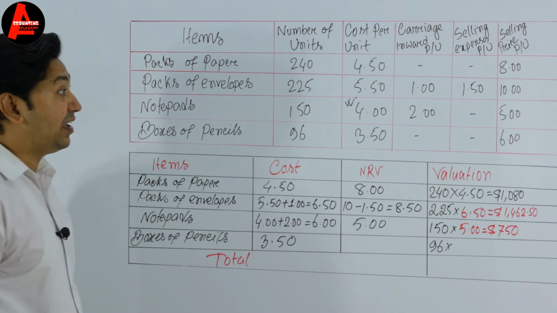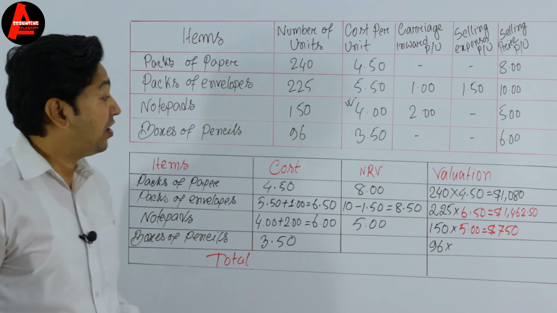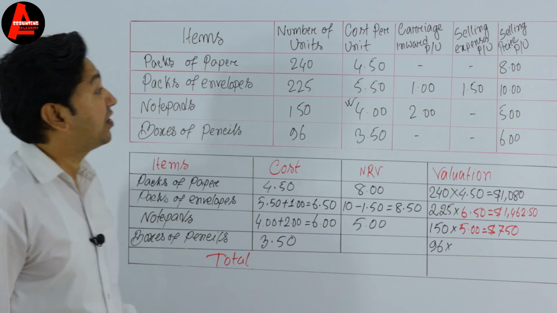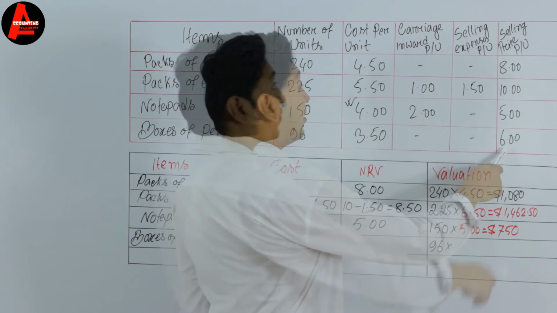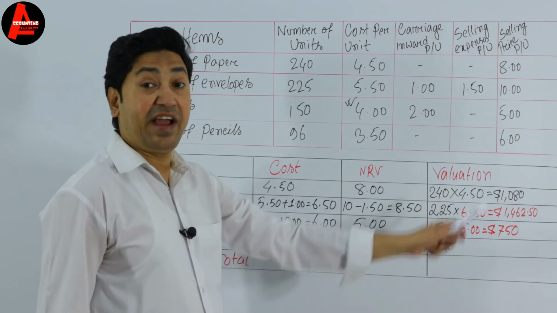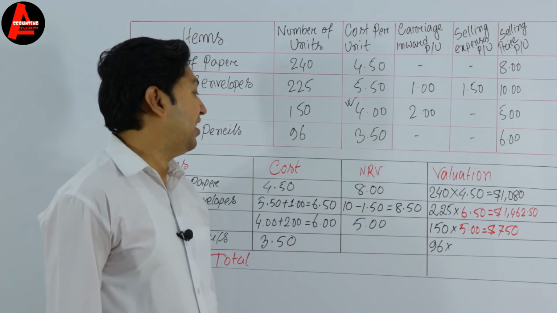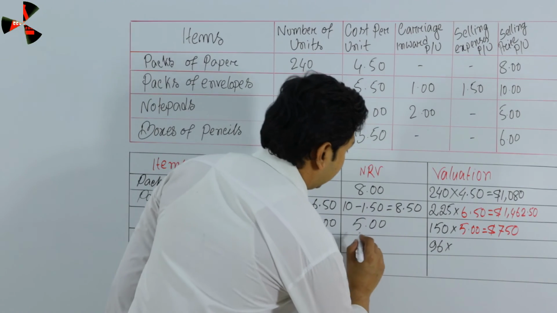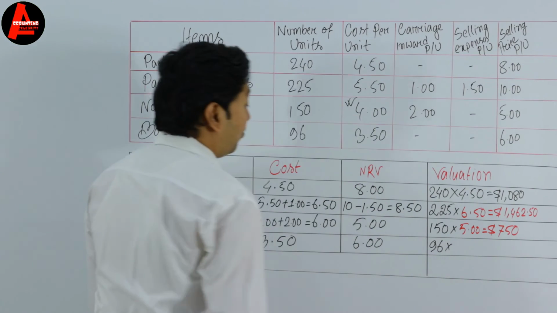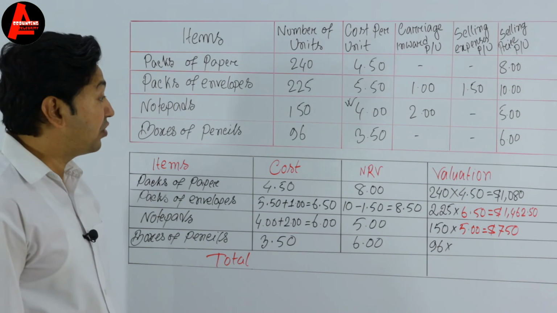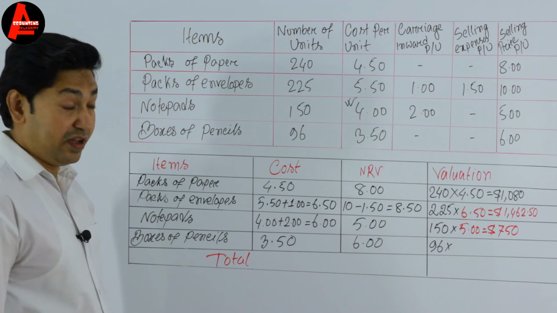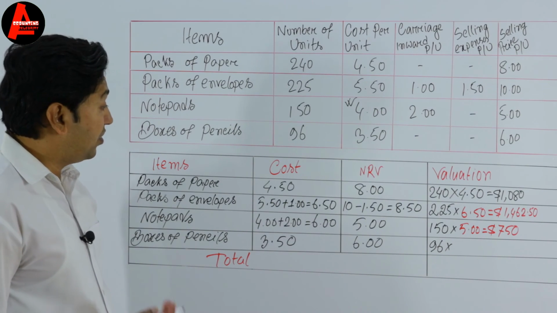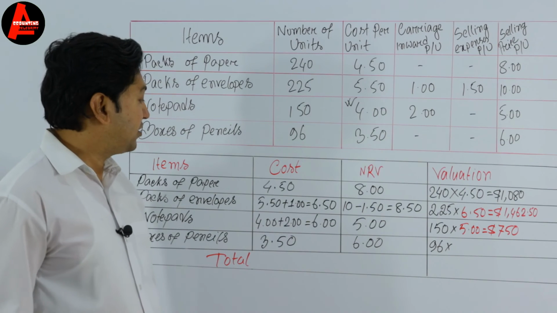Now we will see NRV, net realizable value. Here we see selling price $6. There is no selling expenses here, so we will write $6. Now we will check which amount is lower, by the accounting concept, lower of cost and net realizable value.